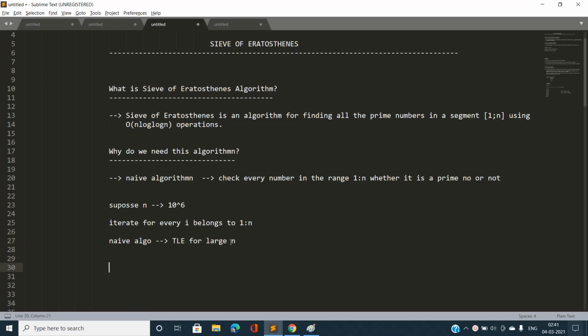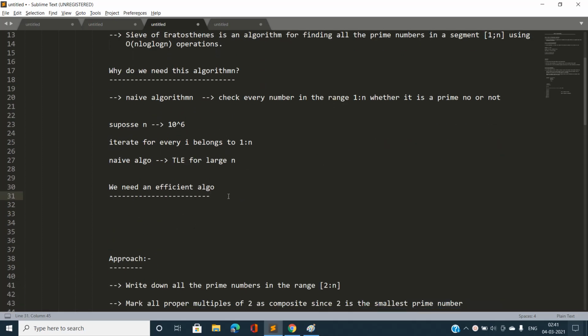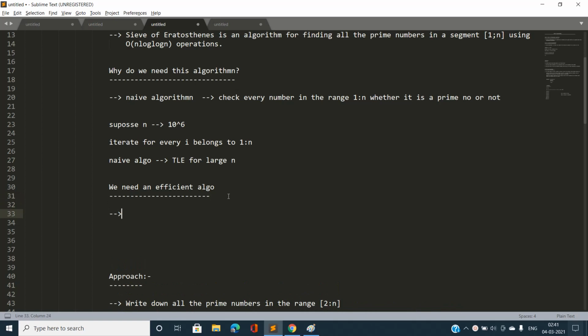So we need an efficient algorithm to compute the prime numbers in the range 1 to n in the most efficient way. The classical sieve algorithm gives us the number of prime numbers and what the prime numbers are in the range 1 to n in O of n log of n operations.